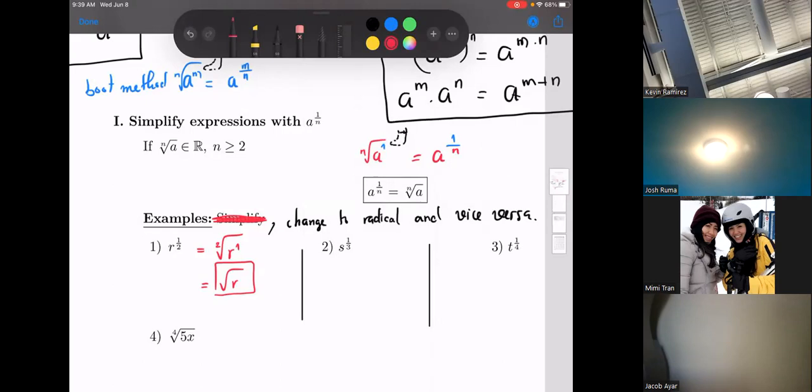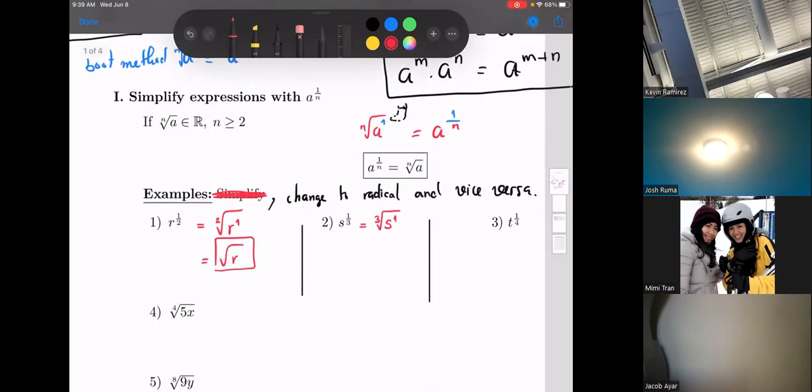Yeah, so it's gonna be the root something of x to the first, and then what should I put here? 3, right? So it's the cube root, and then you can rewrite it as cube root of s. Just asking you to change things back and forth.